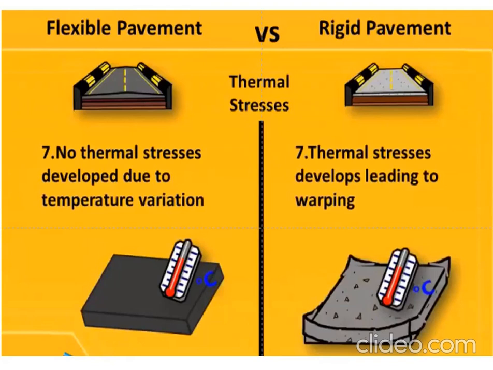But these statements are sometimes very wild statements. In an actual scenario, flexible pavement does fail with thermal stresses. That is called low temperature cracking, in which, in a colder climate, if your temperature keeps falling below 0 degrees centigrade, up to minus 7 degrees centigrade, flexible pavement does have this thermal cracking.